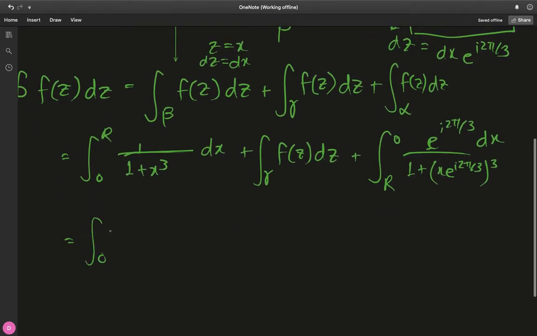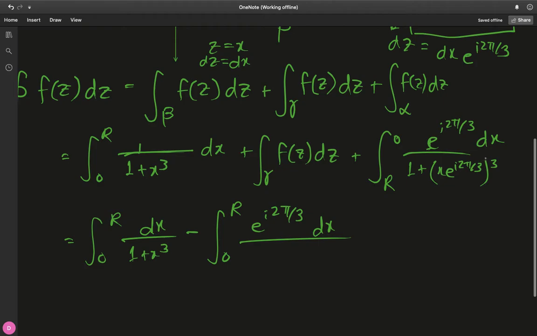So we have integral from r to 0 of e to the I 2 pi over 3 dx over 1 plus x cubed. I'm going to pull out a minus and flip the order of integration here. So integral from 0 to r now, minus e to the I 2 pi over 3 dx over, this will be x cubed, and e to the I 2 pi over 3 cubed is e to the I 2 pi over 3 times 3.